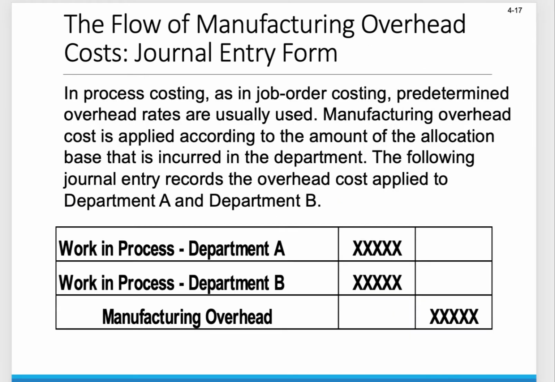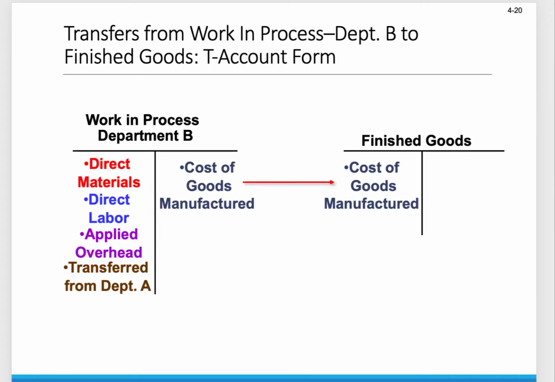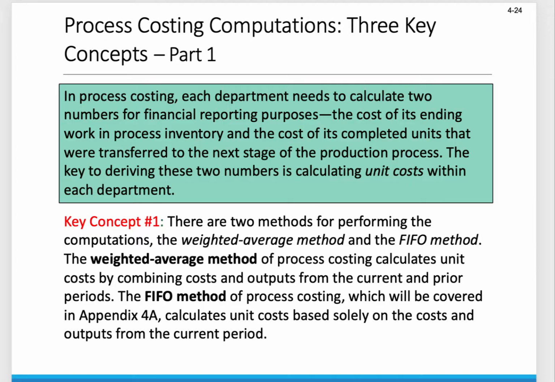Not a problem, okay? But where I really want to start off is the actual computation of the costs, because that's what really gets a little difficult, okay? Now, the first thing that we need to recognize, and it was actually one of the questions in the study guide, right? What are the 3 key concepts that you need to understand before you start getting into process costing?